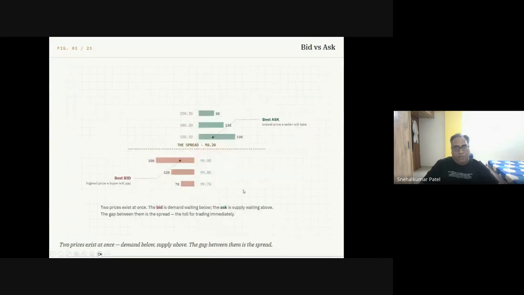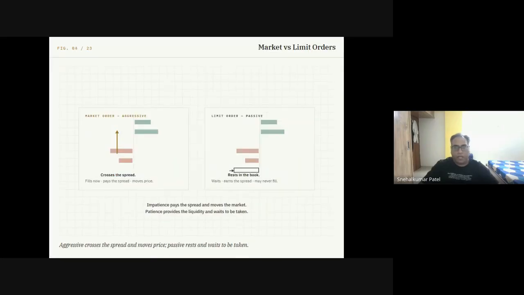Okay, we'll move to the next one. We saw how the bid and ask is there in the depth of market, or DOM. And those are the limit orders. These are the passive orders. When we look at the depth of market, what we are looking at essentially is an order book, and all of them are limit orders.